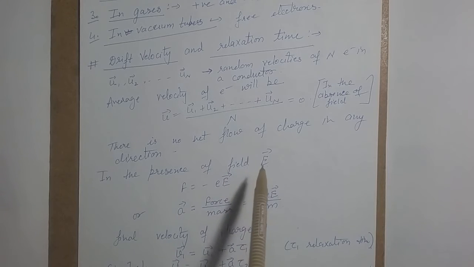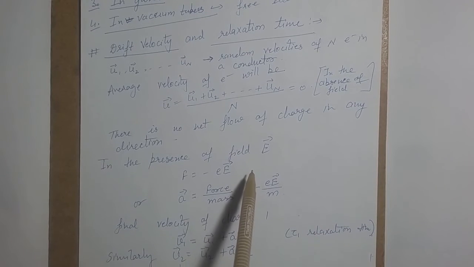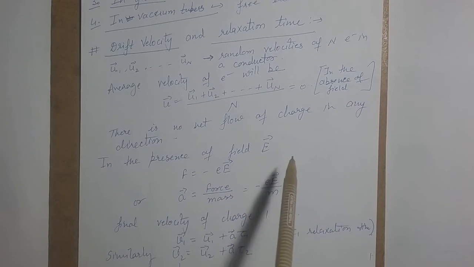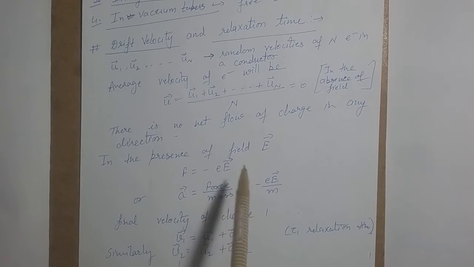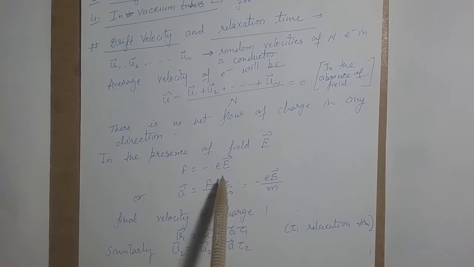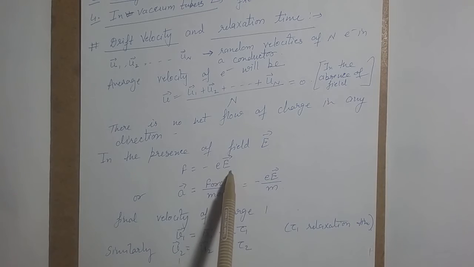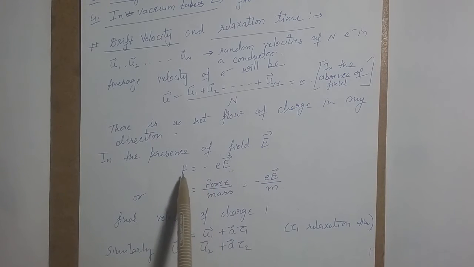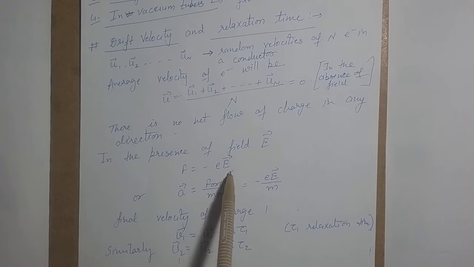But when some potential is connected to that conductor with the help of a cell or battery, an electric field is set up. That electric field provides a force on these electrons to make them move. So F is equal to minus e into E, where e is the charge and E is the electric field strength.